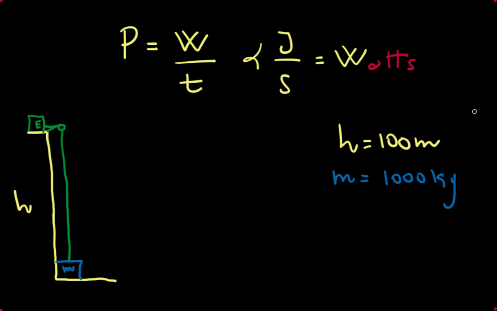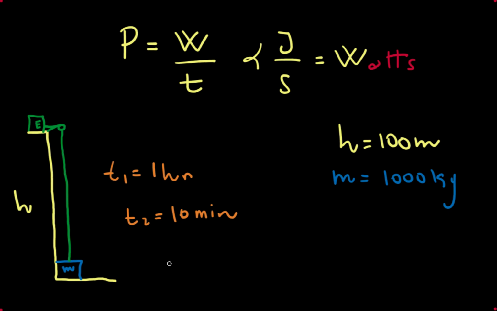And someone asks you, okay, what is the power rating for our engine if we wanted to make the climb in, let's say, 1 hour, versus if we want to go a little bit faster and make the climb in something like T2 is 10 minutes.